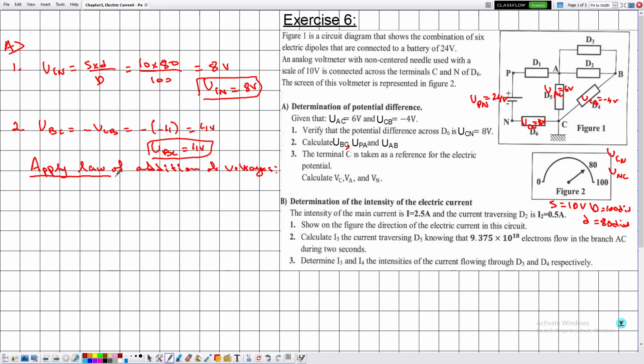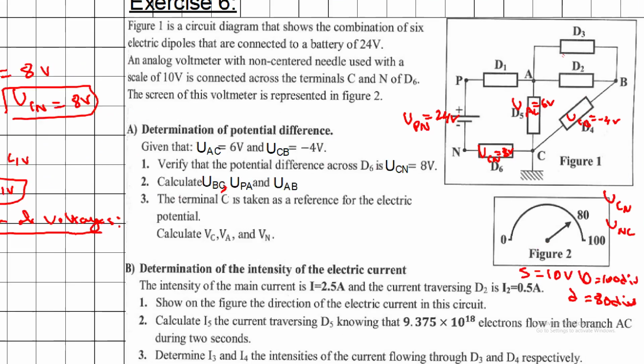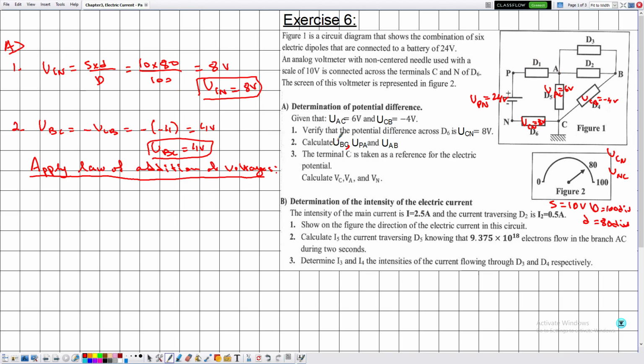Then on the left hand side of this equation we write the voltage we are interested in determining, which is UPA, and on the right hand side we'll go from P to A across different electric components such that we know the voltages from P to N, from N to C, and from C to A. So this is equal to 24.